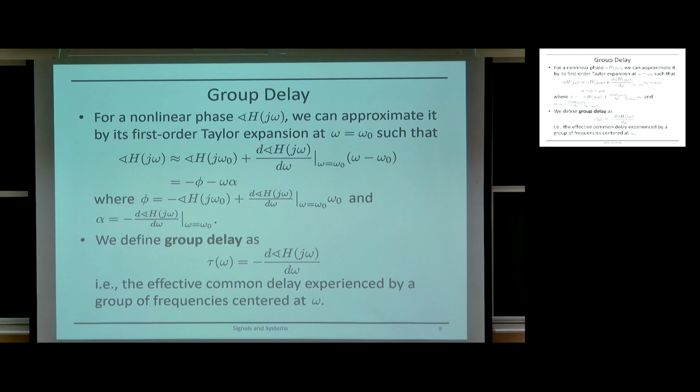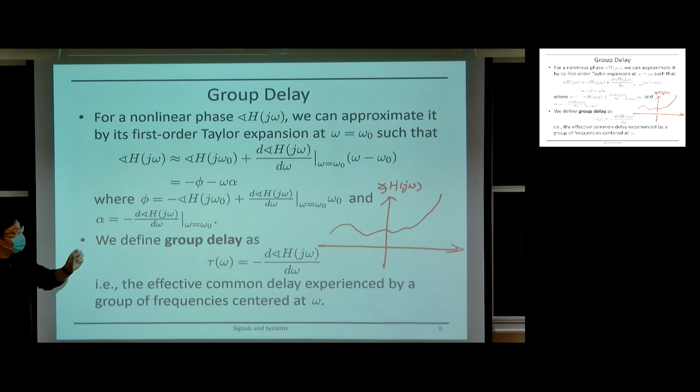So suppose that your original phase looks something like this. This is extremely nonlinear. We want to know what is the impact on the delay of each group of frequencies around a certain point omega naught.